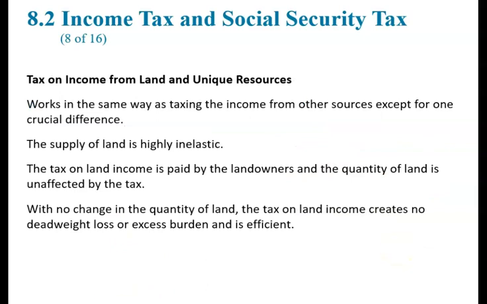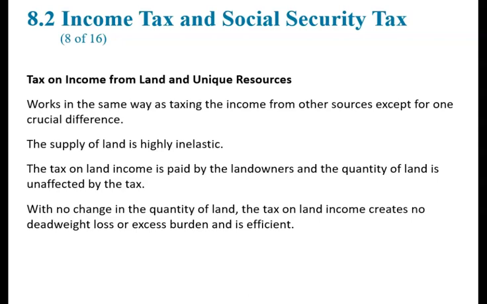So the next form of tax that we will take a look at is a tax on income from land and other unique resources. It works in the same way as the tax on capital and the tax on labor income. The only difference once again would be whether the supply of land is more elastic or inelastic. If you think about it intuitively, you can think of the supply of land as highly inelastic, because obviously you cannot change the supply of land by a lot, which means that no matter what the price of land is, it pretty much remains the same.